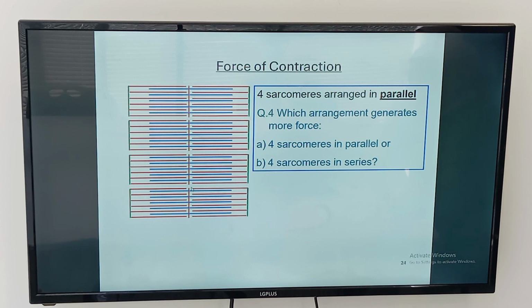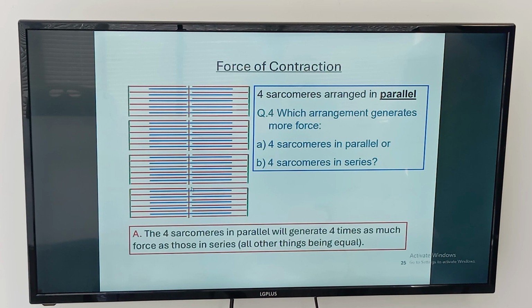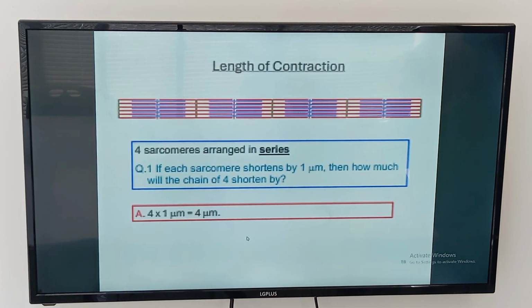Which arrangement generates more force? Four sarcomeres in parallel or four sarcomeres in series? Of course, the answer is that the four sarcomeres in parallel will generate four times as much force as in series, as you can see here.